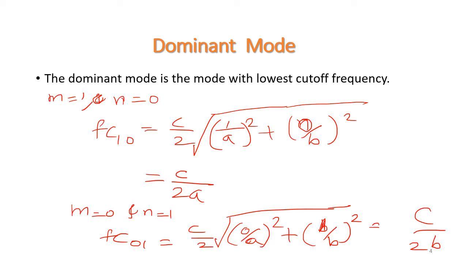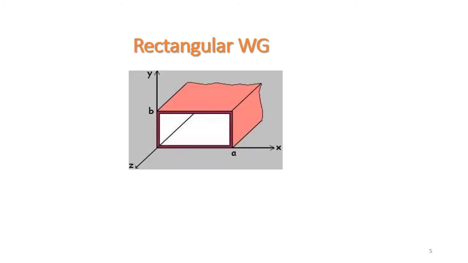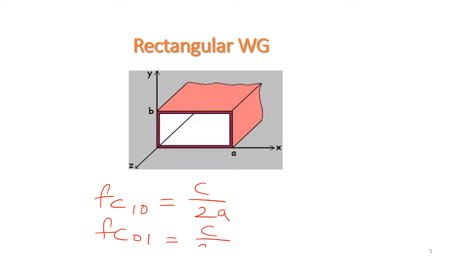Now we can compare the cutoff frequency of fc10 and fc01. fc10 is equal to c upon 2a, and fc01 is equal to c upon 2b.